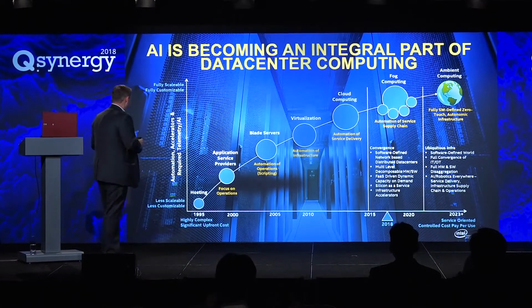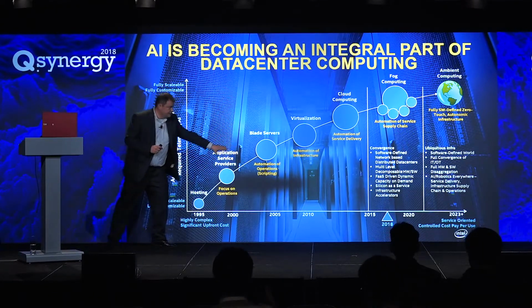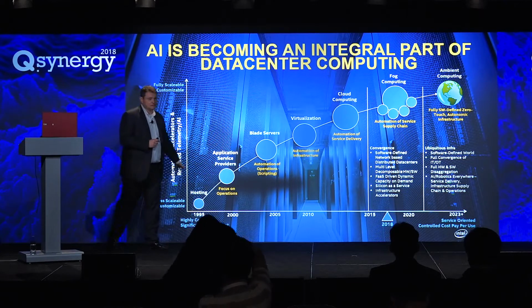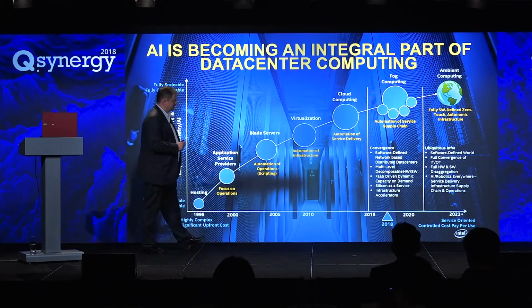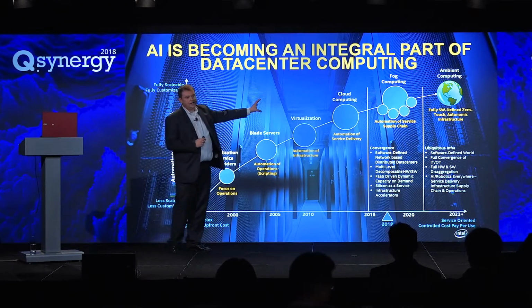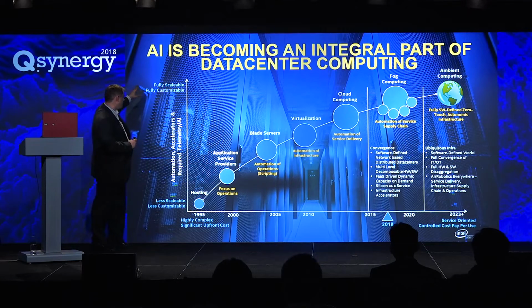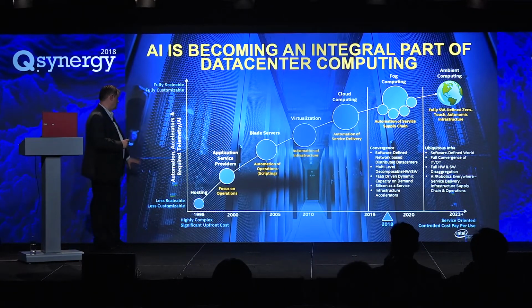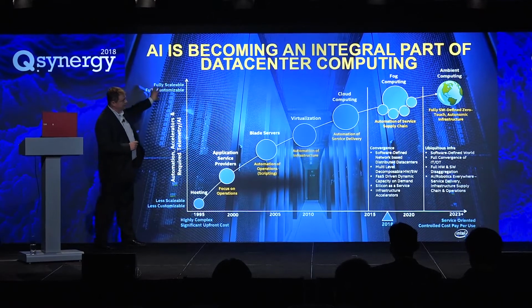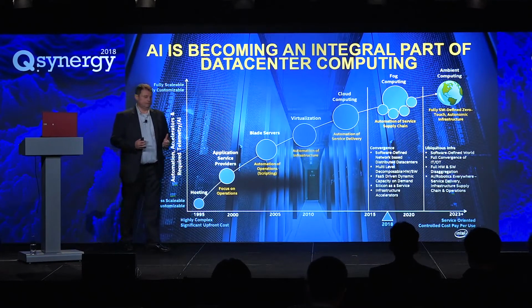This is actually quite a complicated slide, but if you look at the bottom here, we have the time axis that showcases how the data center and associated technologies have evolved over time. And on this axis, we talk about the degree of automation as well as telemetry and AI that is being introduced into the data center.